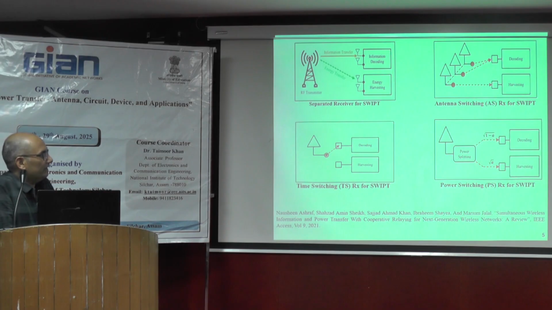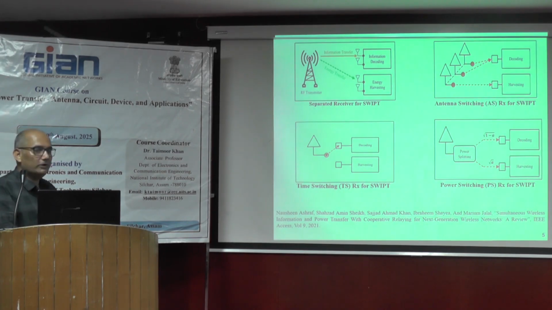Then there may be a single switch, like multiplexing, which for a certain period of time connects to one and then to the other, as well as a power splitting concept. The detail of that has not been included here, just an overview.